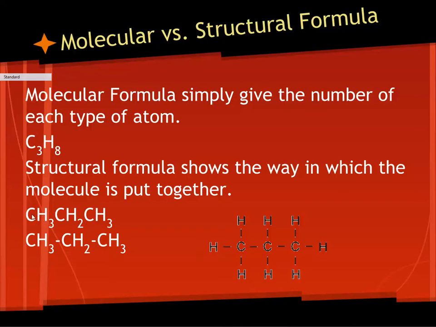These hydrogens are attached to this carbon, these hydrogens are attached to this carbon, and these hydrogens are attached to this carbon. Another way of doing that is to put the dashes in between to show that there's single bonds between those carbons. And this is propane that you're looking at. So it's 3 carbons with its 8 hydrogens, and that is what the molecule would look like drawn out with all the single bonds.